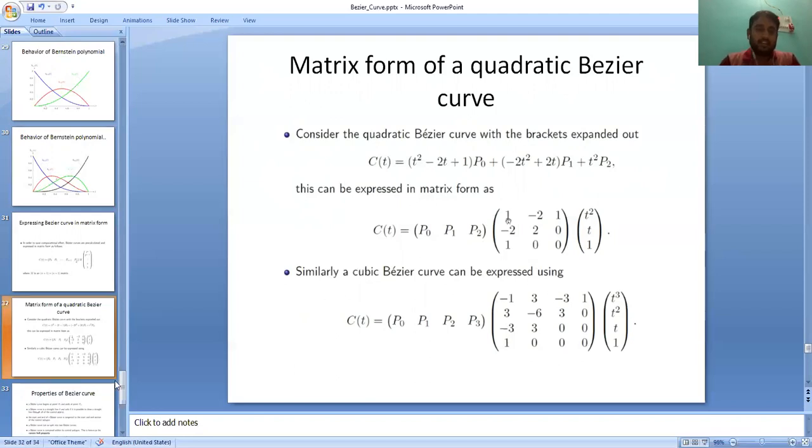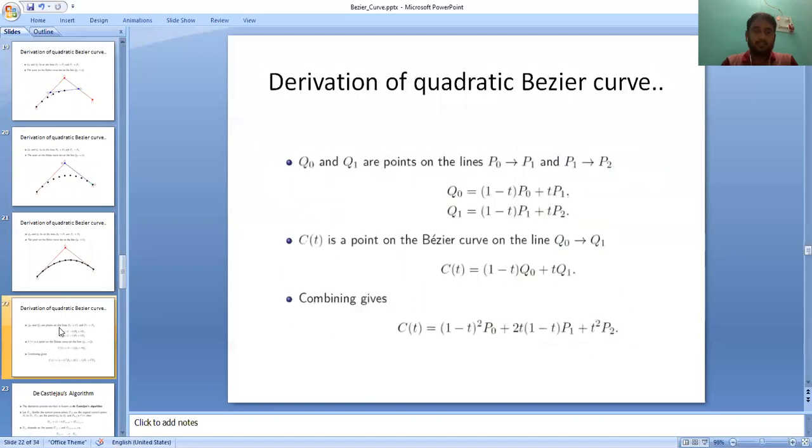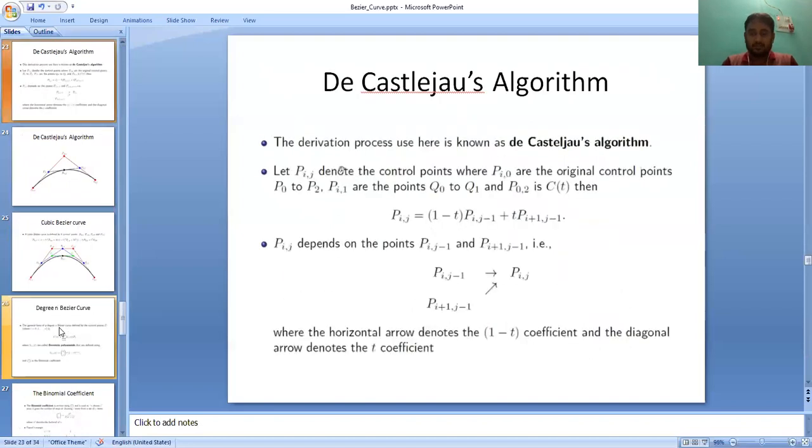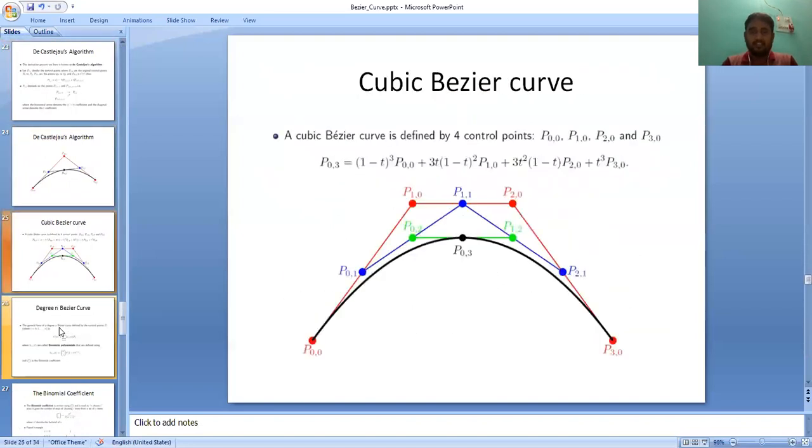Again, we have already written some expressions of the cubic Bezier curve previously. You can see here, this is the curve equation for the cubic Bezier curve, (1 minus t) to the power 3 P0 and so on.